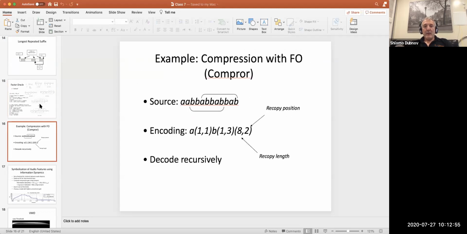Of course, you can use them for compression. This is just an example of how an encoding is done using the factor oracle instead of Lempel-Ziv, and it takes into account more of the overlapping structures, and achieves more efficient encoding more quickly than Lempel-Ziv.